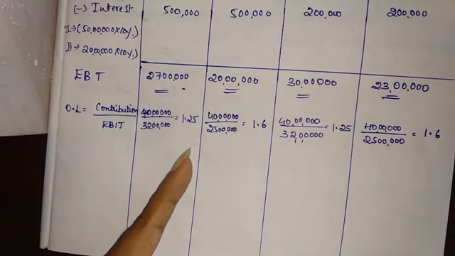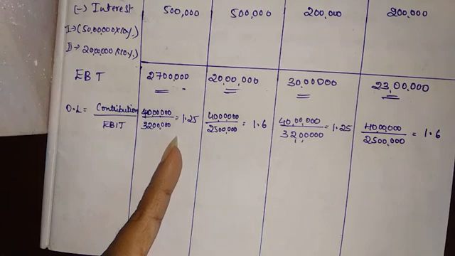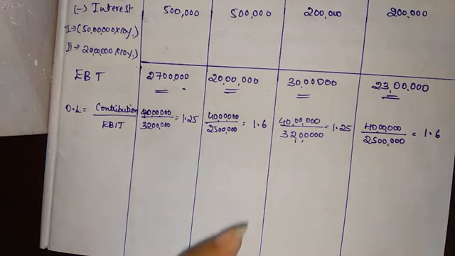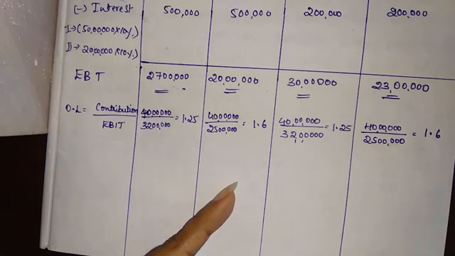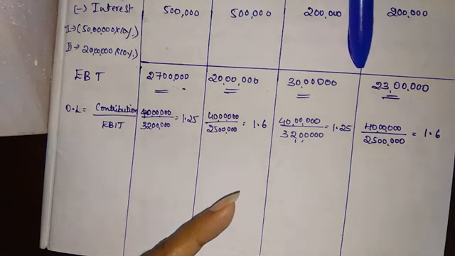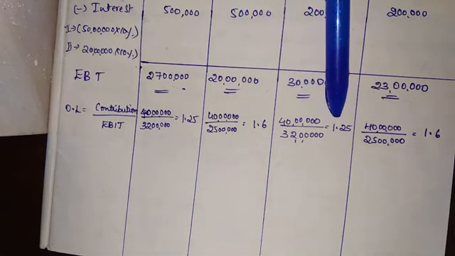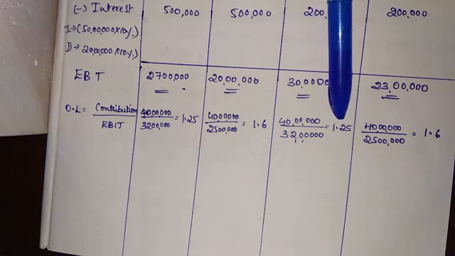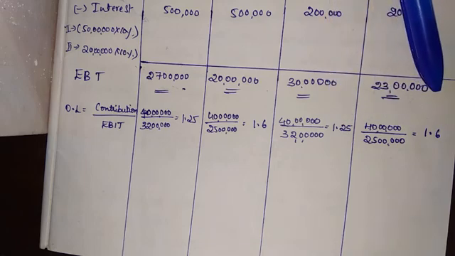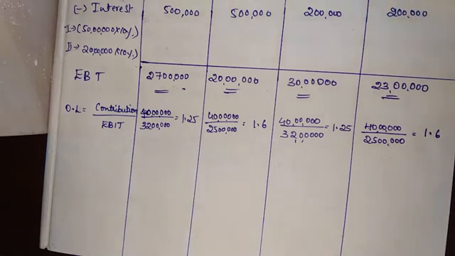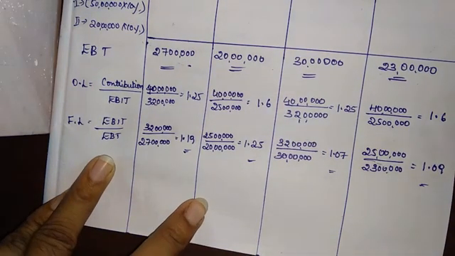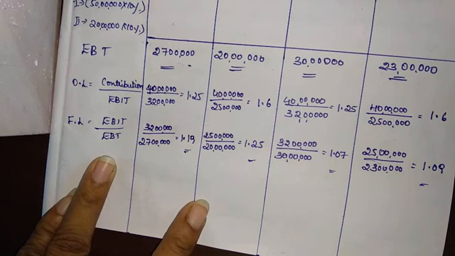For financial plan 1, operating leverage in situation A is 1.25 and in situation B 1.6. Financial plan 2 has the same: 1.25 in situation A and 1.6 in situation B. EBIT divided by EBT is the formula for financial leverage.